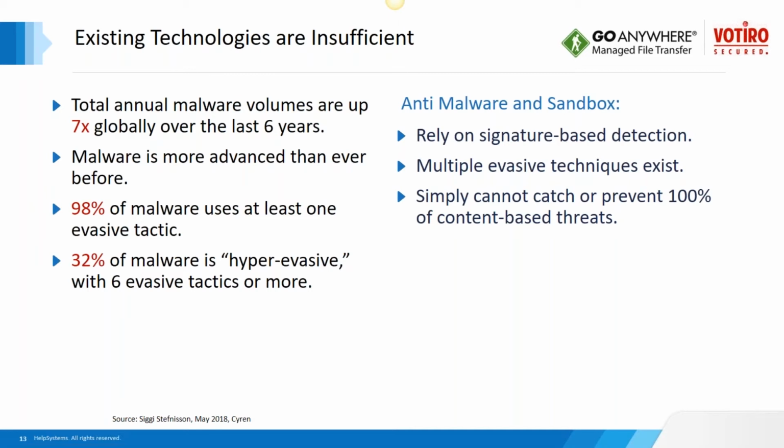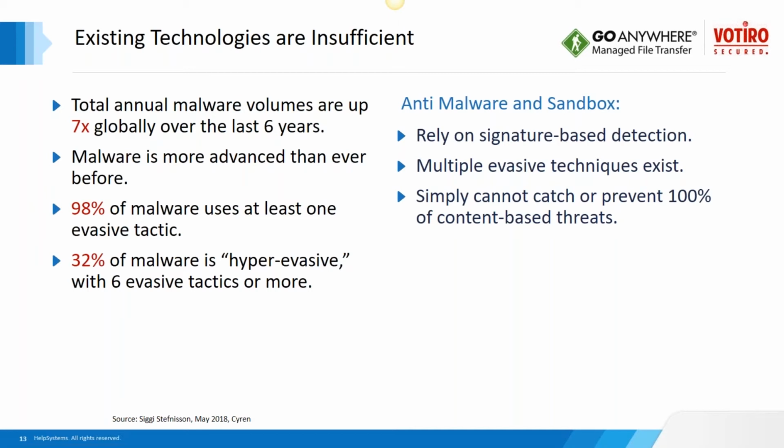We all know that. Now, you may say, hey, I have an antivirus or a sandbox solution, which is great, but the following statistics are worrying to say the least. Malware is more and more advanced every single day.